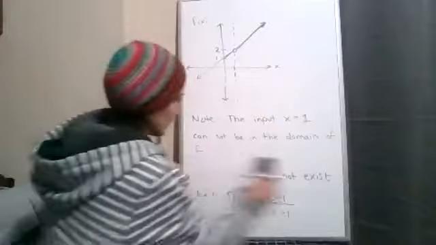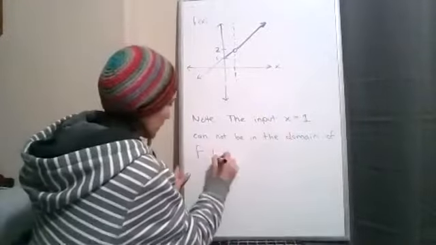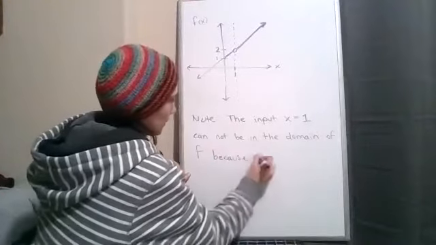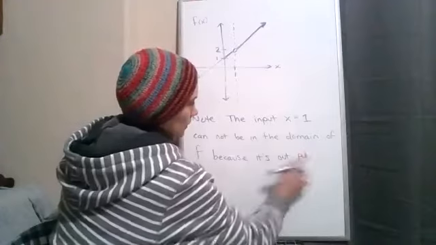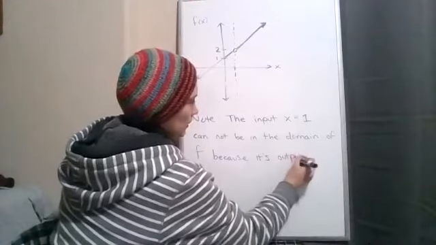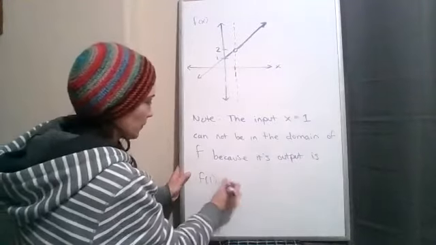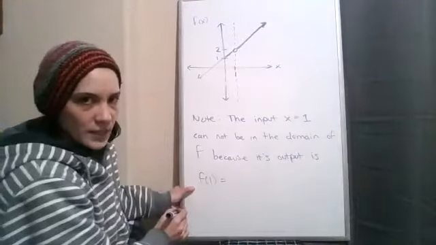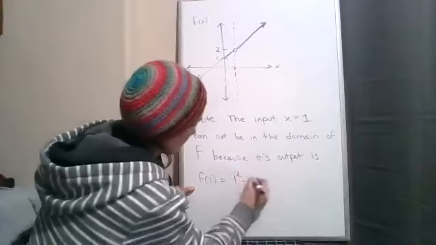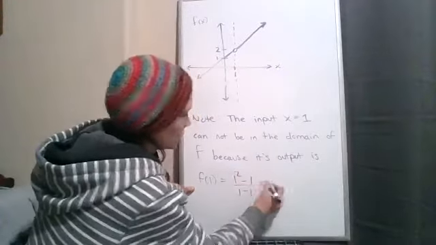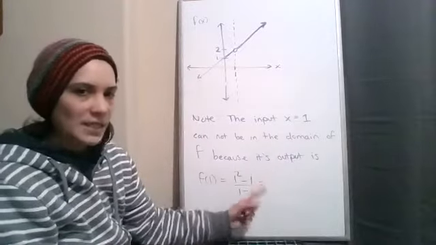Because its output is f of 1. And if you put in 1 to that function, 1 squared minus 1 over 1 minus 1, you get a number over 0. I mean, that number is 0, but the problem is dividing by 0.